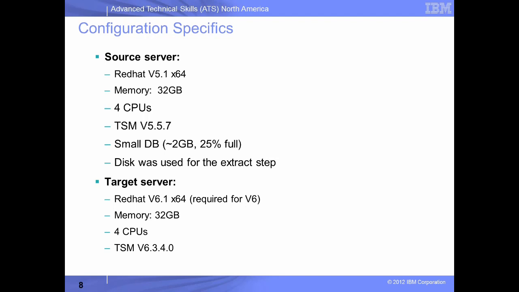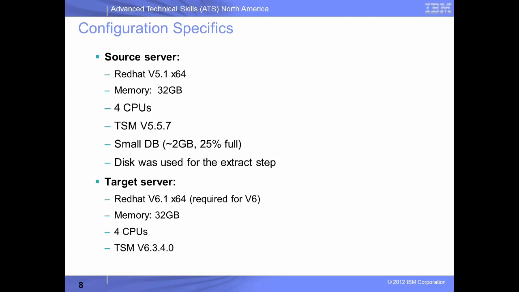We've got 32 gig of RAM, 4 CPU cores. We used a relatively small database for this. It's a 2 gigabyte database that we loaded with some data. It's about 25% full. And keep in mind, this demo is a version 5 to a version 6 system.